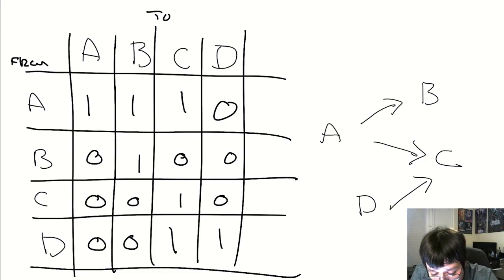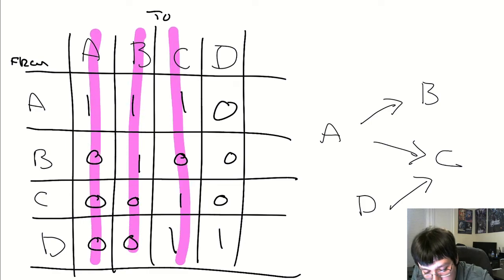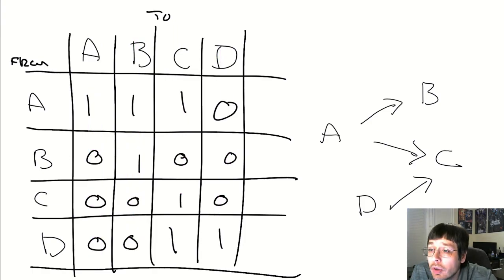So if you're trying to pick a vertex to choose to kind of remove from the graph to do your topological sort, you look, in this case, because we have the to going horizontally and the from vertically, you're going to look at the vertical rows. So you look at these rows, okay? And you're going to look for the ones that have all zeros with the exception of the going to yourself.